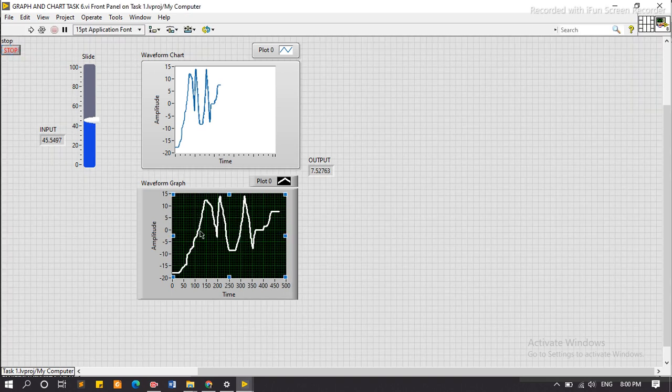So when we stop this, this chart will be formed on the waveform graph here. That's all for this lab.